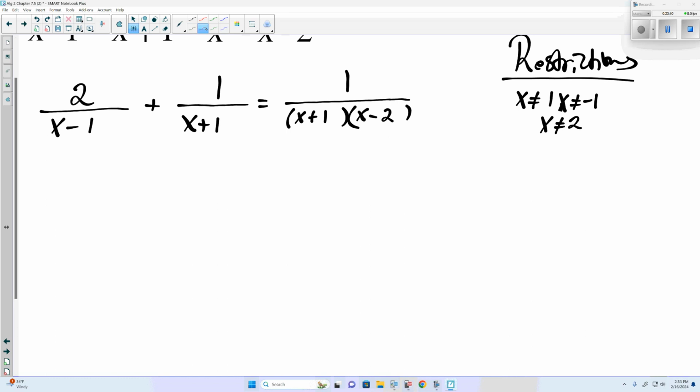Well, what are we going to multiply everything by? X minus 1, x plus 1, and x minus 2. Multiplying by all 3 of these here.